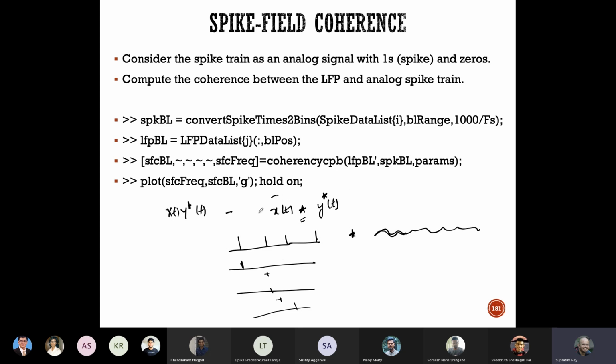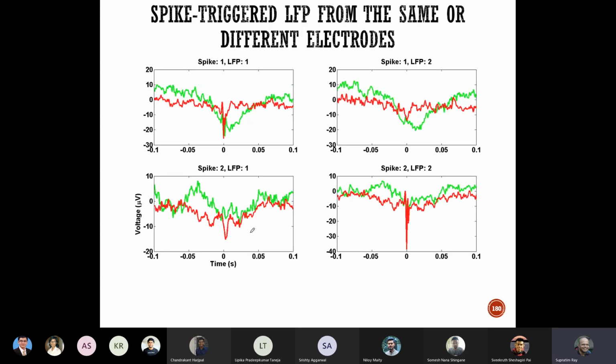So it is in some ways doing a computation similar to the STLFP, right? Because essentially you have converted your spike train to an analog signal.